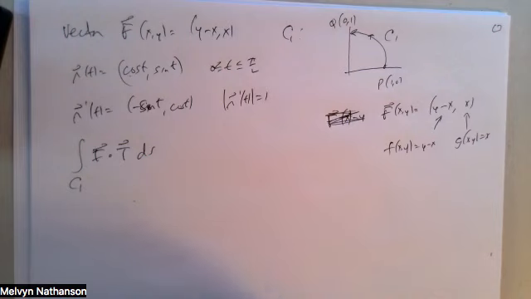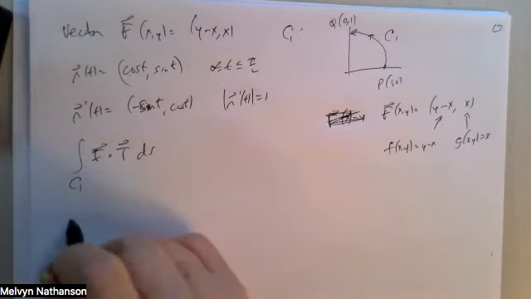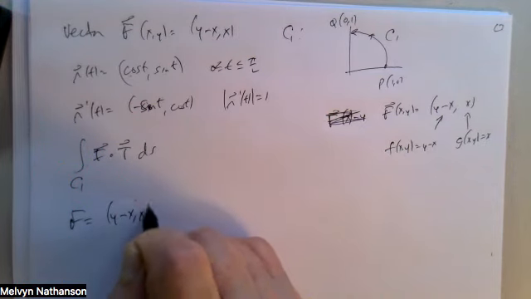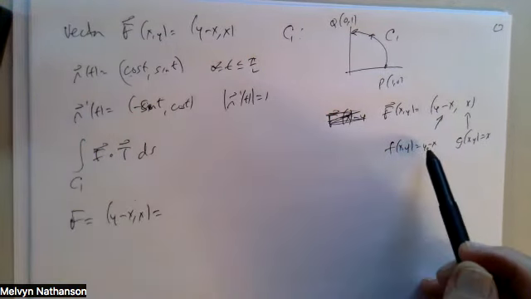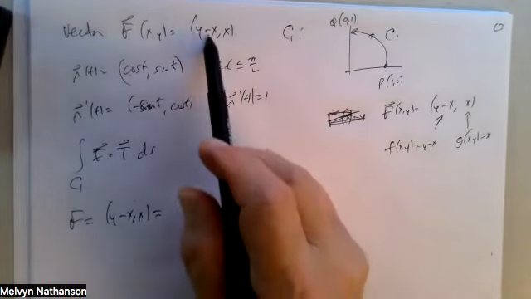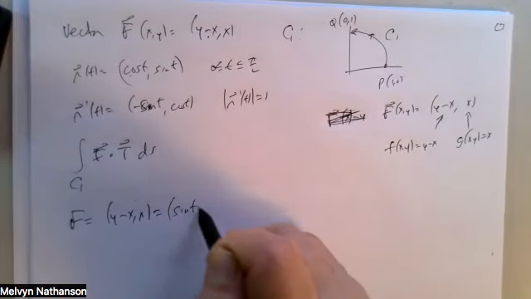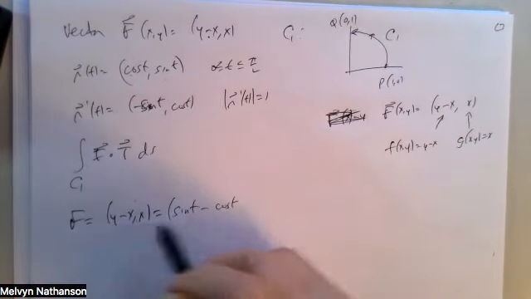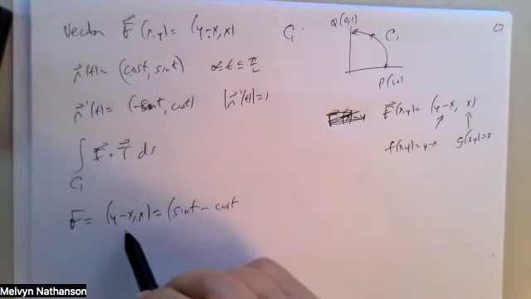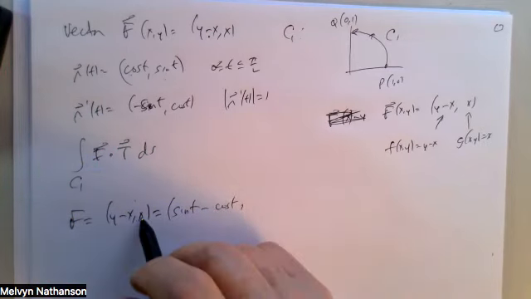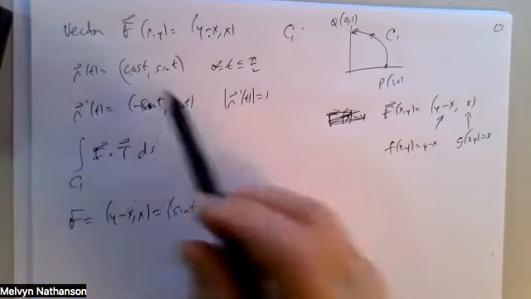And f, which is y minus x comma x, y is sine t, x is cosine t. So this is a function of t. This is sine t minus cosine t, and x is cosine t.